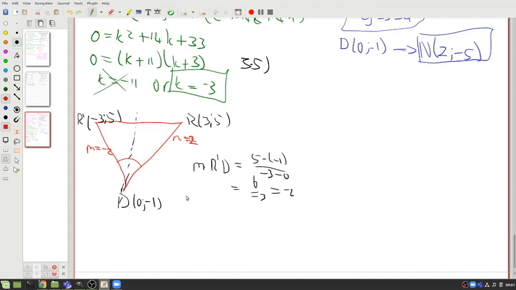Okay, so if we have both of those being 2 and -2, now we could find the angle. If we draw a horizontal line here, a horizontal line there, we know that this angle theta, tan of theta would equal 2.